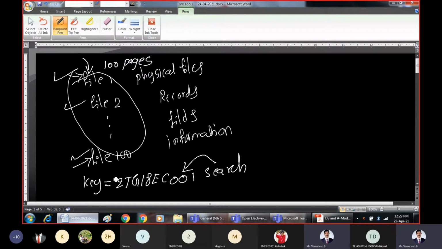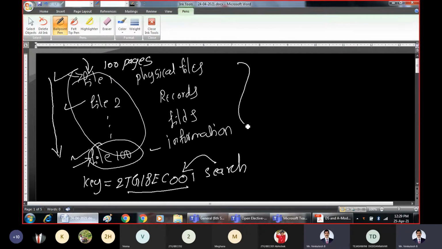The worst possibility is this information is present in the last line of the last file. Then you will be unnecessarily wasting your time in searching all these physical files.